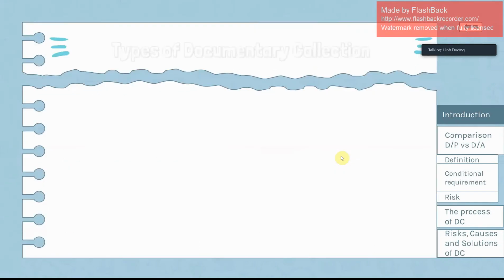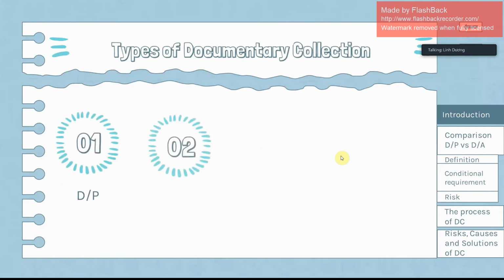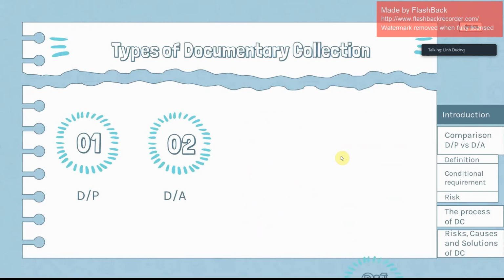And to know more, there are 4 types of documentary collection. The first is DP, which stands for documents against payment. The second is DA, which stands for documents against acceptance, and the others are forward DP and DOP. But today, I will only focus on DP and DA transactions.